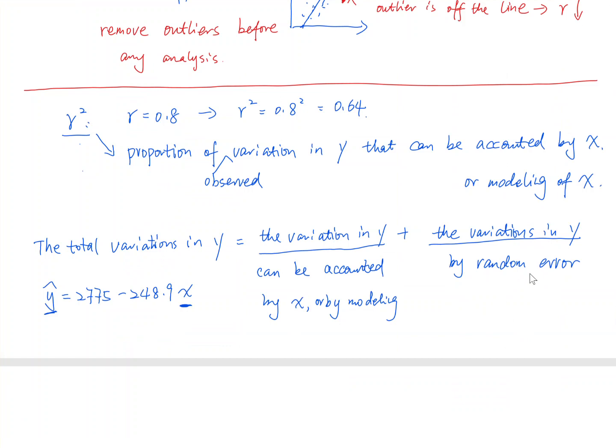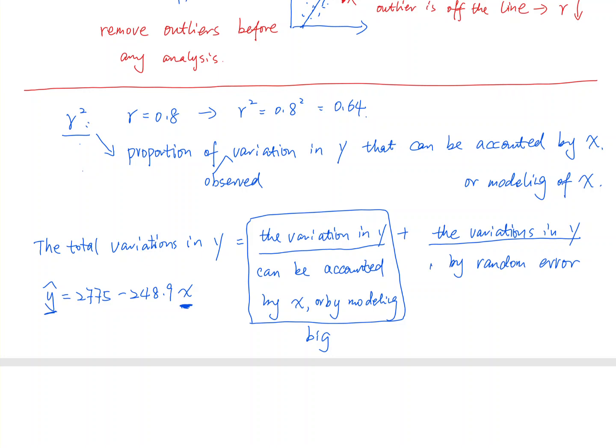All right, so now think about one question. Do you want this part of variation in y to be as small as possible or as big as possible? You want the part explained by x to be as big as possible. I see some variations in the observed y, and I want all of these different values to be just because I have different x values.